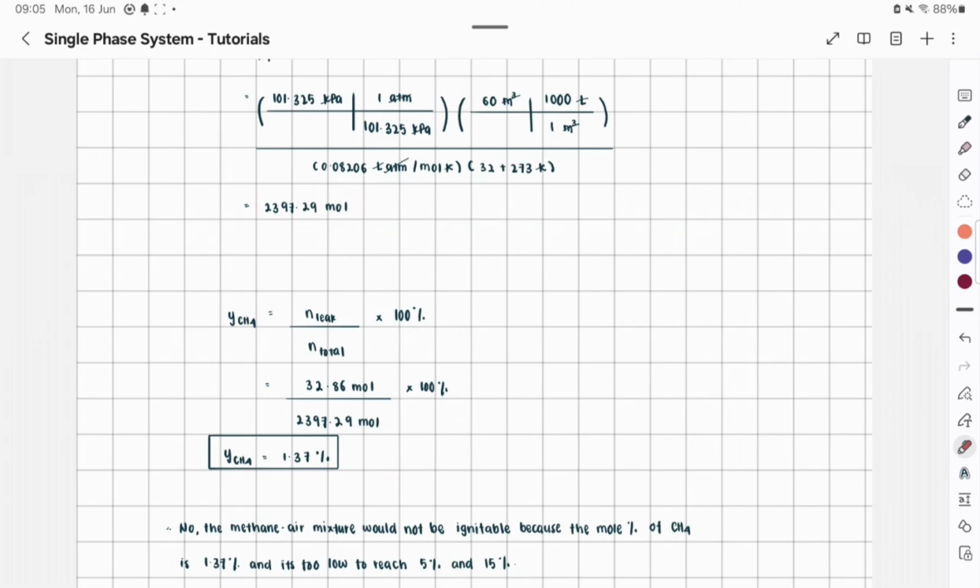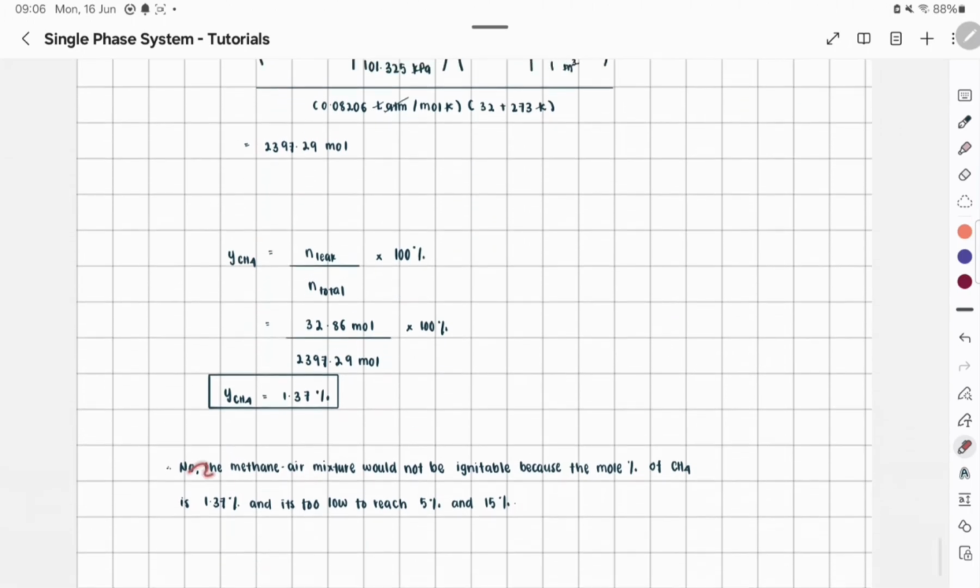Then we got the mole fraction for methane is 1.37%. So the answer is no, the methane air mixture would not be ignitable because the mole percent of methane is 1.37%, which is too low to reach 5% to 15%.